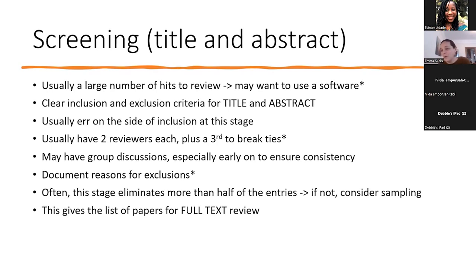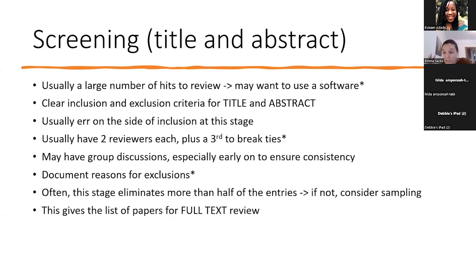We just assume they're about people. So one of the first things we had to do was eliminate all of the papers that were about other animals. A lot of them were about cattle, for some reason. So often a lot of the hits or entries will get eliminated at this stage.